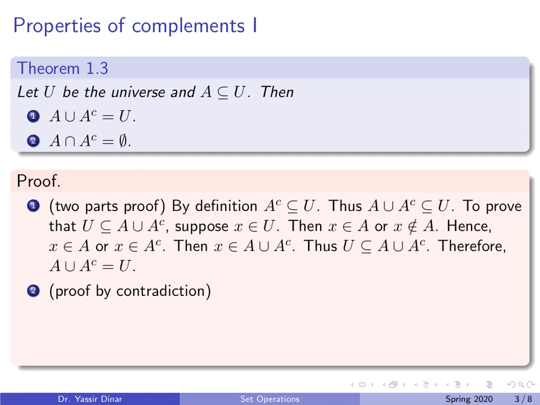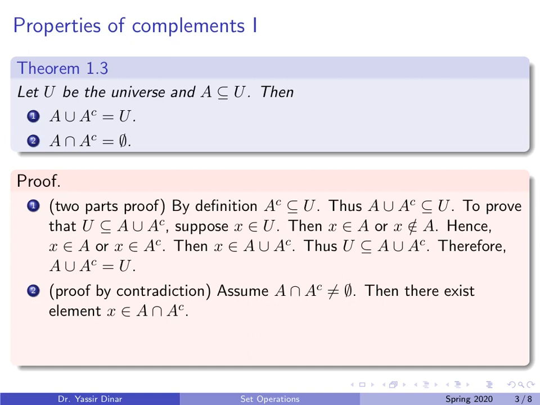So to use proof by contradiction, I need to find the negation of this statement, and the negation is easy. It is A intersection A complement is not empty. So I begin my proof by assuming that this set A intersection A complement is not empty.